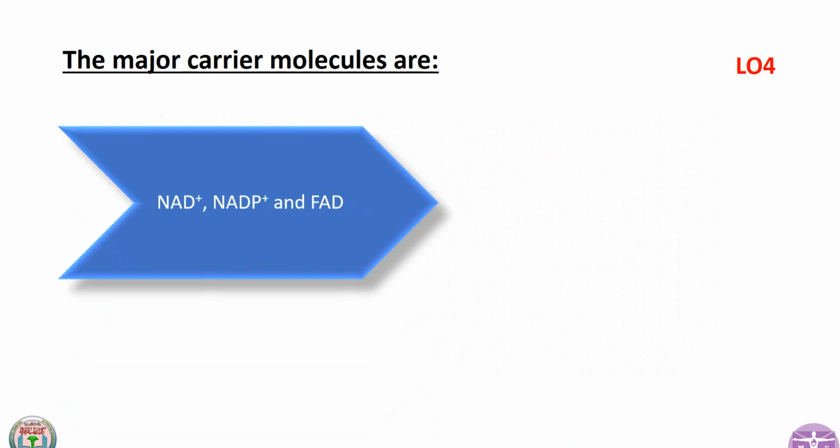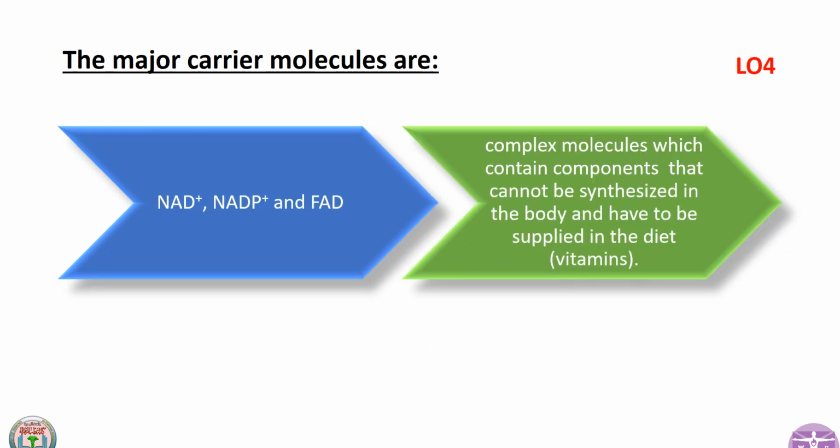And this process of oxidation reduction is facilitated by some important cofactors that are used for carrying the electrons between the reactions. These cofactors are NAD, NADP, and FAD: nicotinamide adenine dinucleotide, nicotinamide adenine dinucleotide phosphate, and flavin adenine dinucleotide.